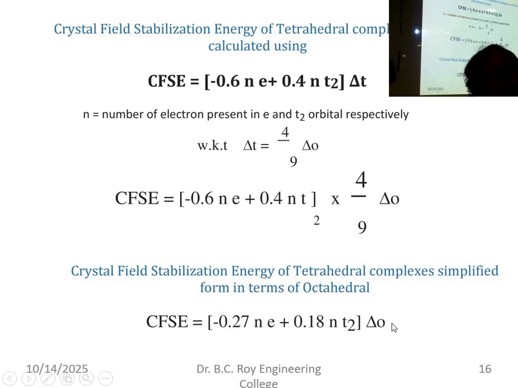If you want to compare which one is more and by how much, you can do that with this formula. 4 by 9 delta O is delta T. So we replace delta T with 4 by 9 delta O, and multiply the 4 by 9 inside. What we get is CFSE equal to minus 0.27 n E plus 0.18 n T2, into delta O.